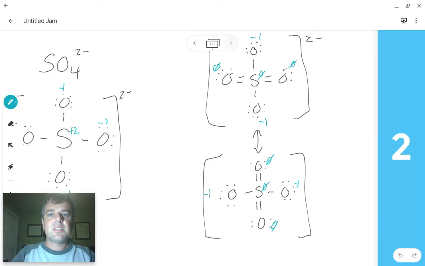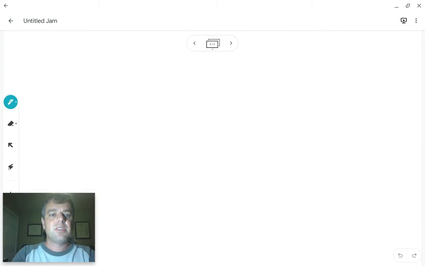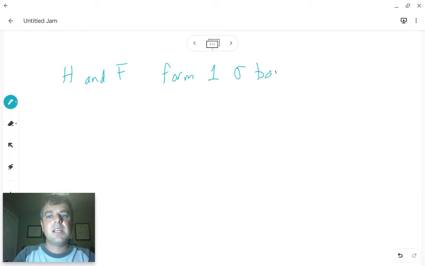Now, I want us to look at a few other things that we need to note. First of all, hydrogen and fluorine will only form one sigma bond, right? That's all they can do.